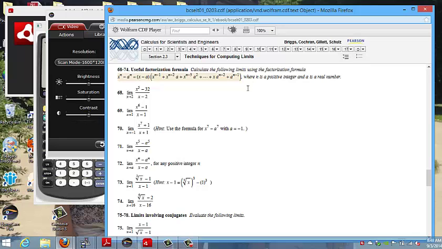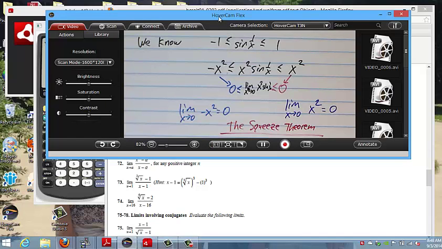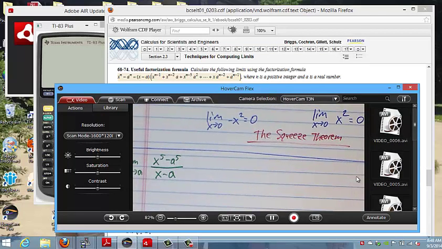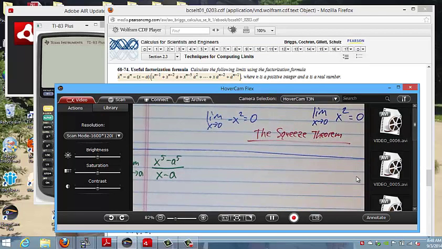And so if I try to follow that formula with n equaling 5, let's see if I can. We're going to take that x to the n minus a to the n.